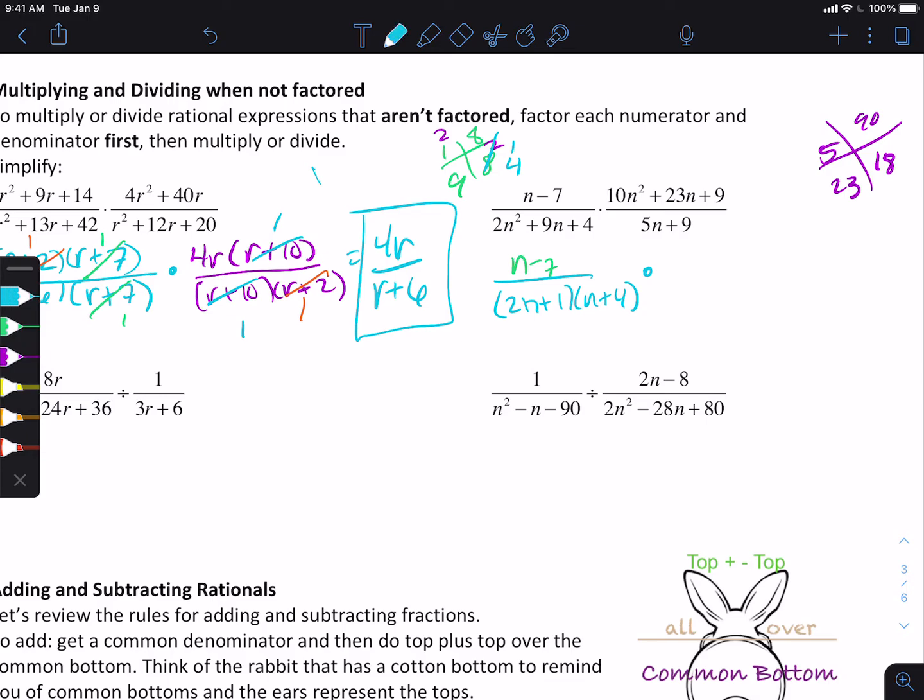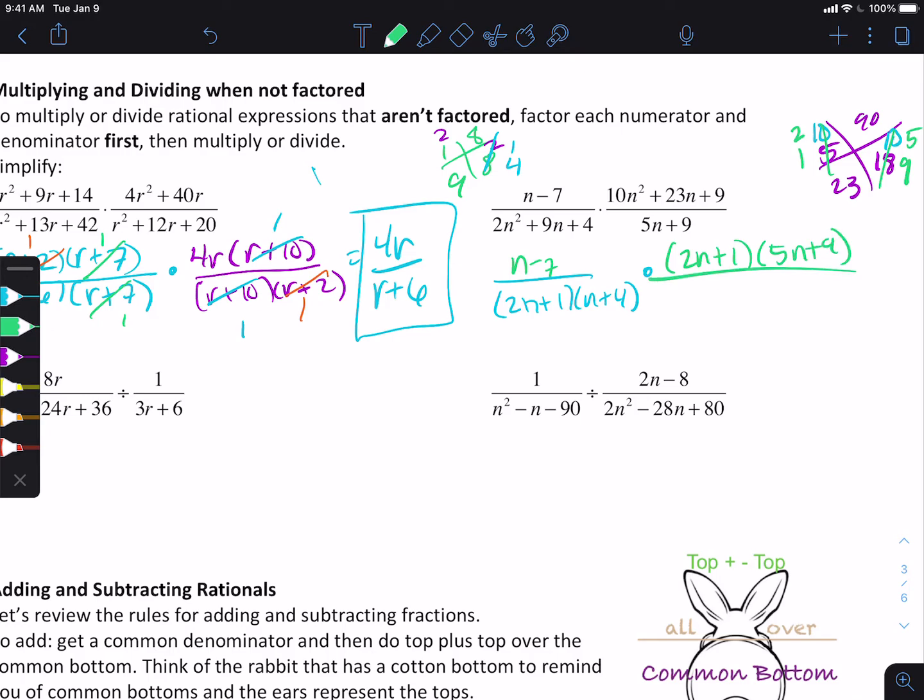I have to pay back the 10, and then I reduce anything that has a common factor, so 5 goes into 10 twice, 5 goes into 5 once, 10 and 18 have a common factor of 2, 2 goes into 10 5 times, 2 goes into 18 9 times. So then we get 2n plus 1, 5n plus 9.